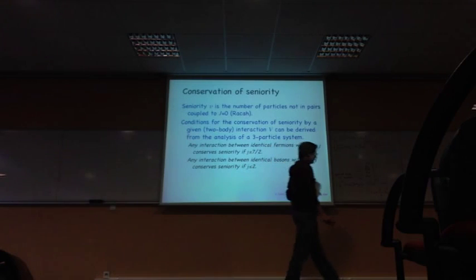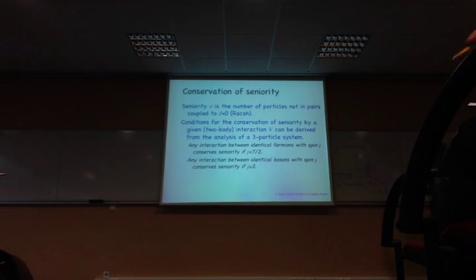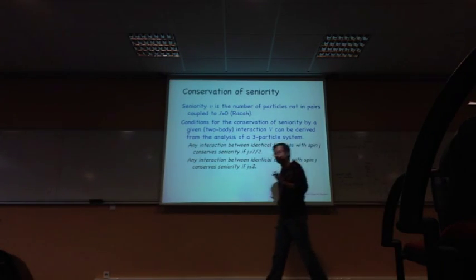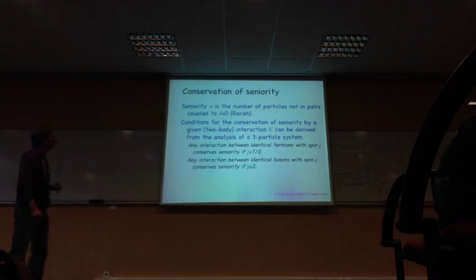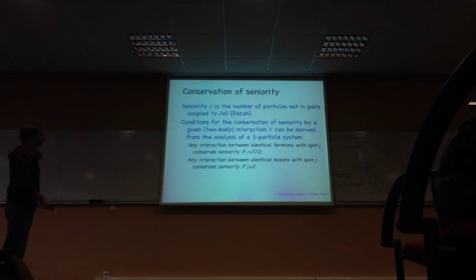Okay, so I hope I convinced you that if I take a pairing interaction, I will have eigenstates which are classified not only by angular momentum and projection, and of course particle number, but also by the seniority quantum number. Now the pairing interaction is a good approximation to any interaction we want to use in a nucleus.